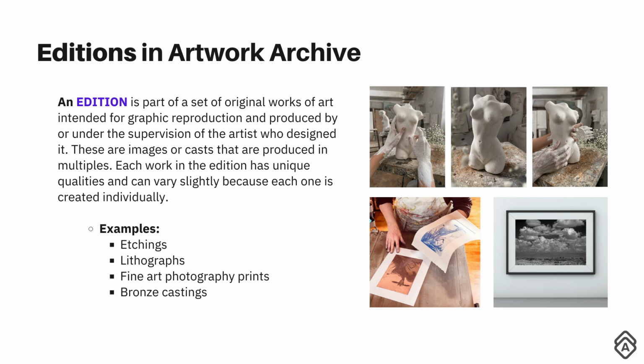So these works are images or casts that are produced in multiples, and each work in the edition has unique qualities and can vary slightly because each one is created individually. So editions within Artwork Archive allow for detailed record keeping, and they have all the capabilities of a piece record like you have with your original pieces in your inventory, but these can be grouped together.